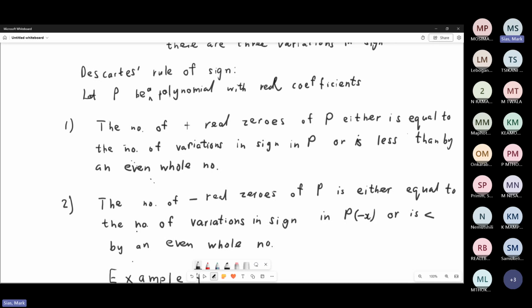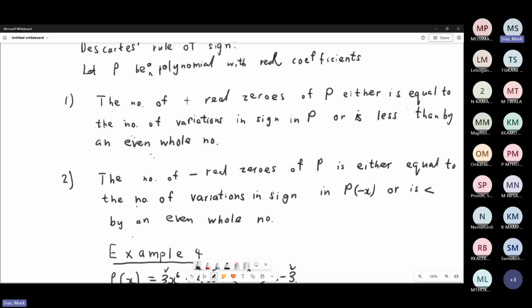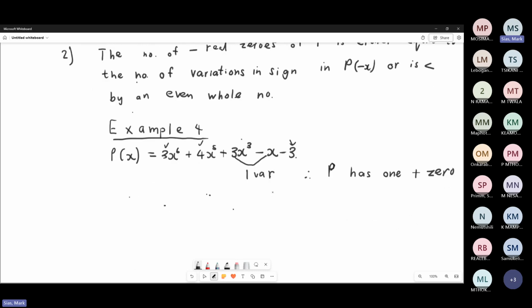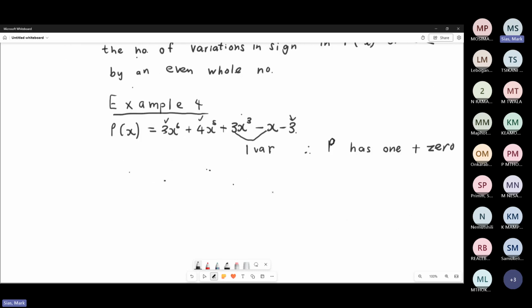The first even whole number is 2, and if you say it's less than by 2, you already have one positive real 0. So 1 minus 2 is minus 1, which doesn't make sense, okay? So what we can say is that P has one positive 0.